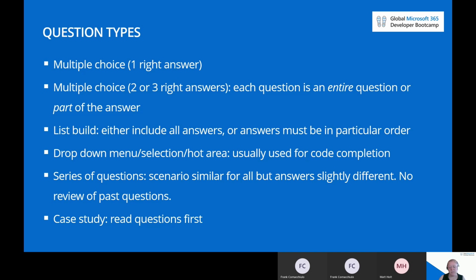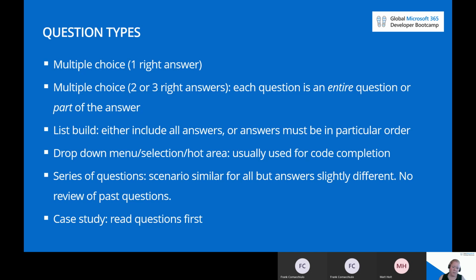The next thing I want to point out, just a hint, is for case studies. When a case study is written, the exam writers will have to write maybe 12 or 15 questions for that case study. For every question that's being written, they have to have information about the question in the case study.